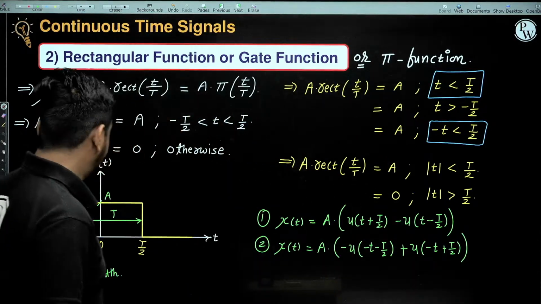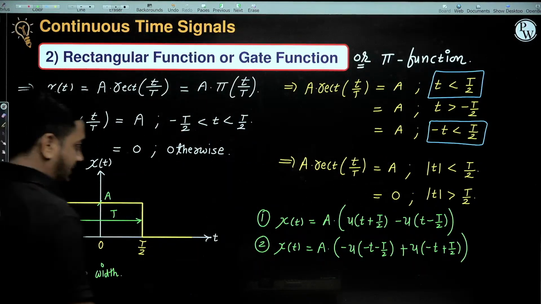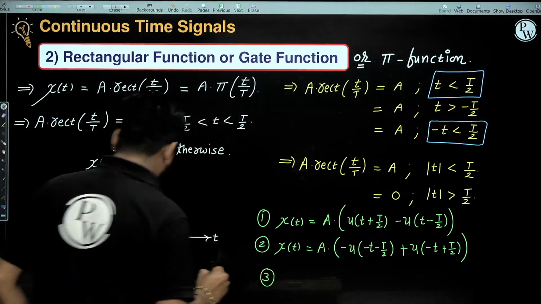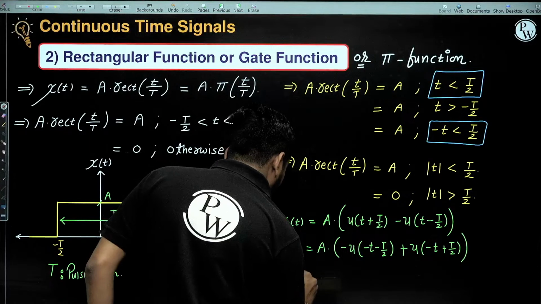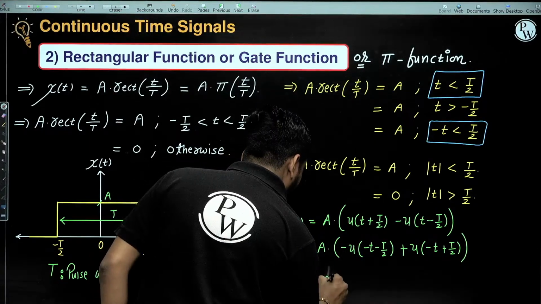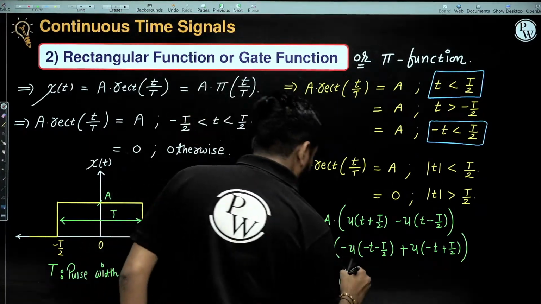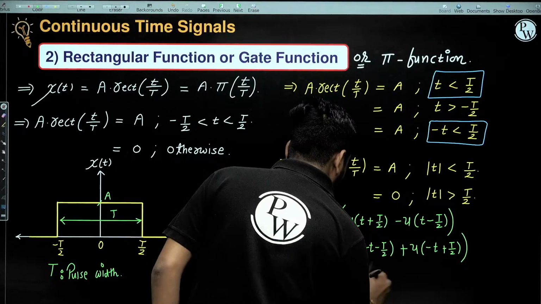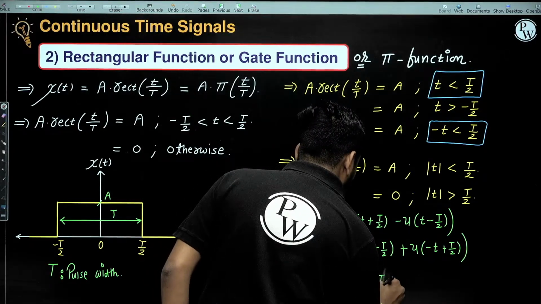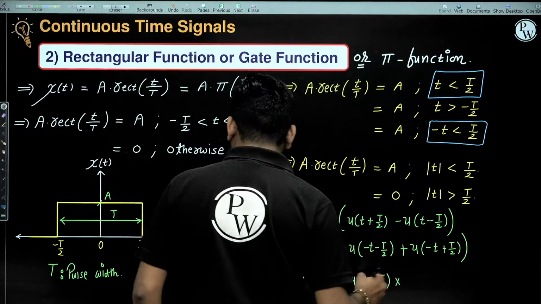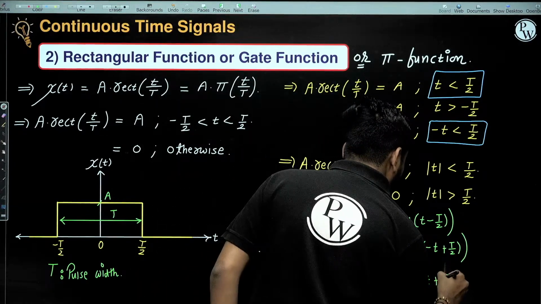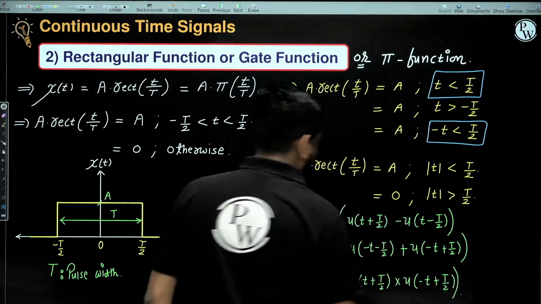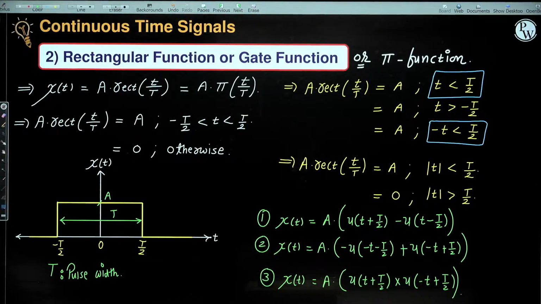And one right sided and one left sided: x of t is equal to A, this is right sided, so u of t plus T by 2, multiplied by the left sided one, u of minus t plus T by 2. So you can represent it like this also.